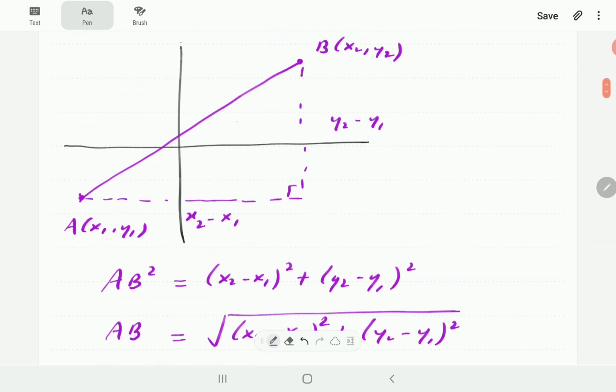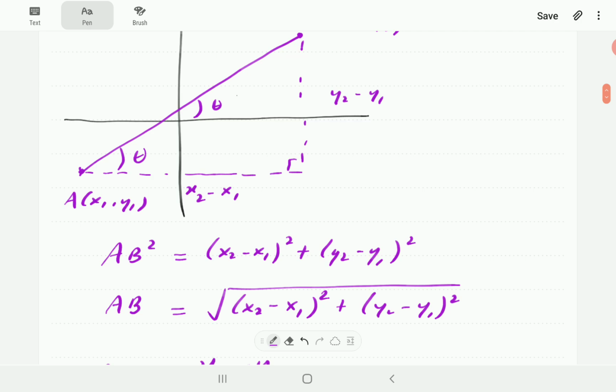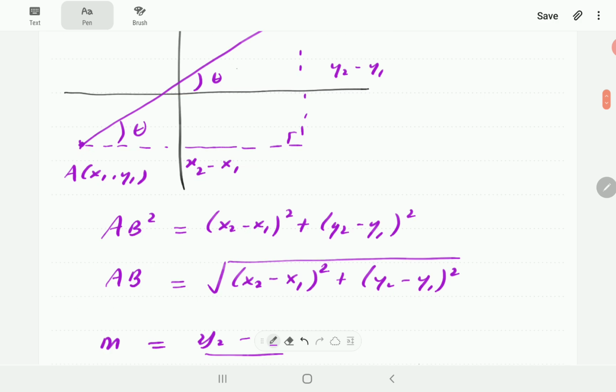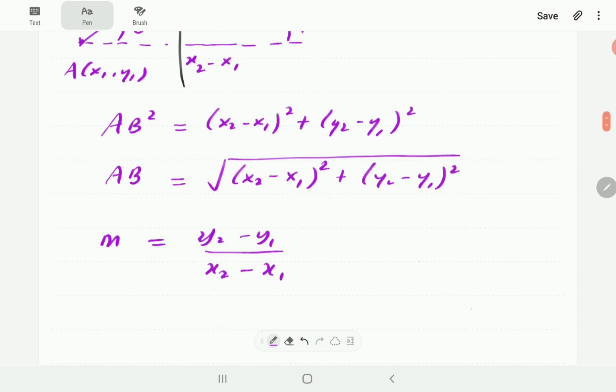Now the angle of inclination theta, which is the angle that the line makes with the horizontal axis, we can write in terms of, if you want to think of a formula involving theta, the adjacent and the opposite, it's going to be the tangent formula.